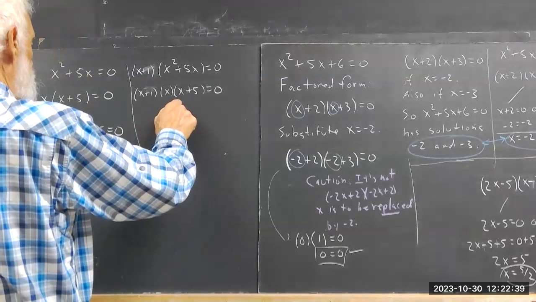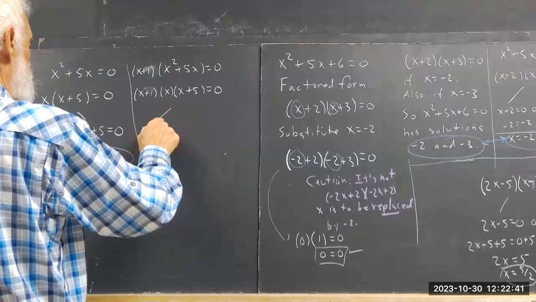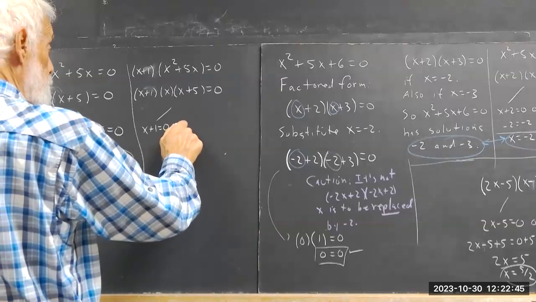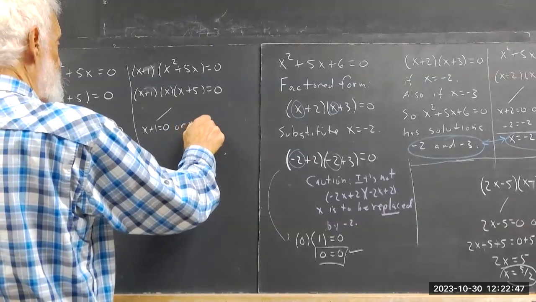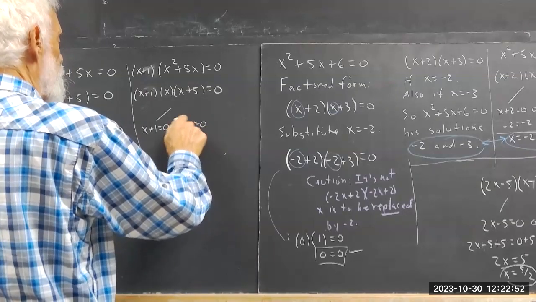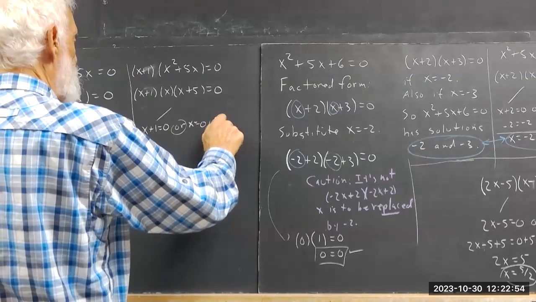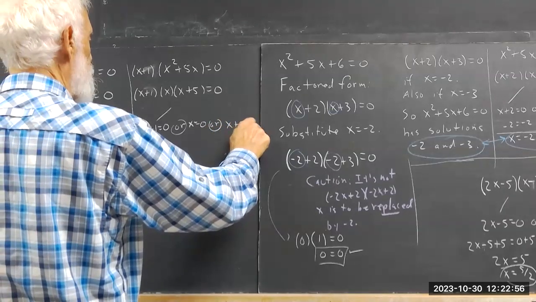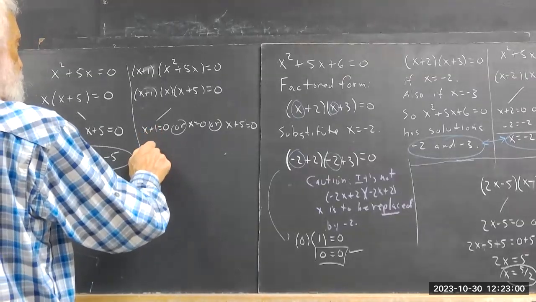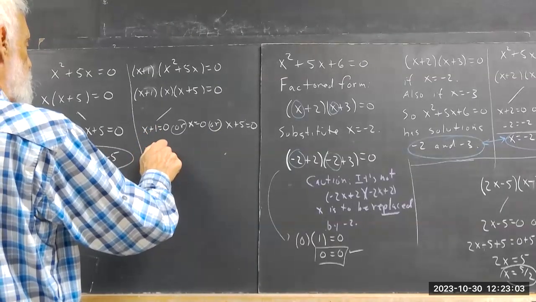Well, the whole thing's going to be 0 if x plus 1 is 0. Or if x equals 0. Or if x plus 5 equals 0. So our solution here is x equals -1.